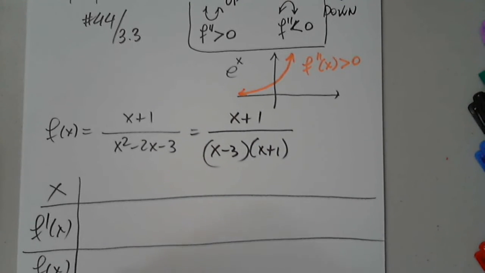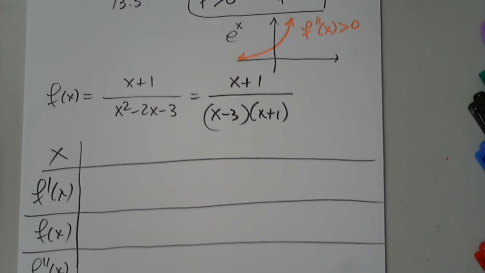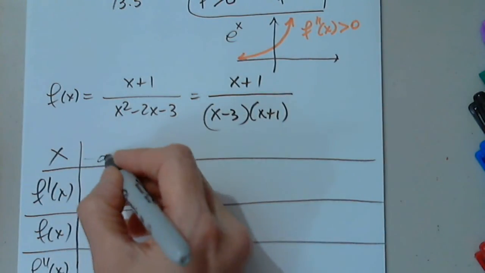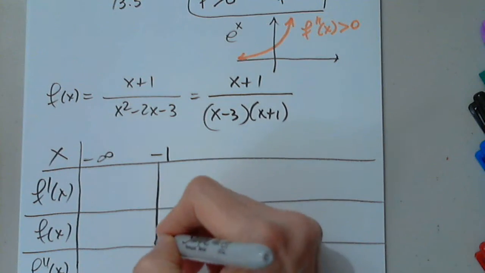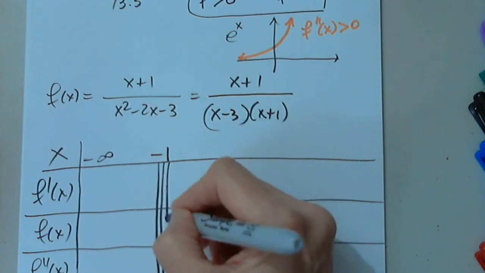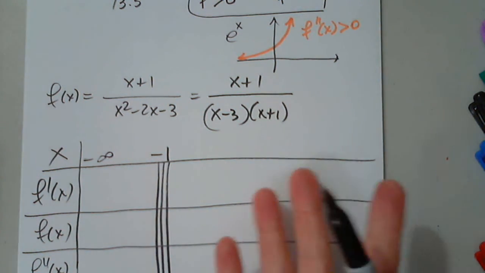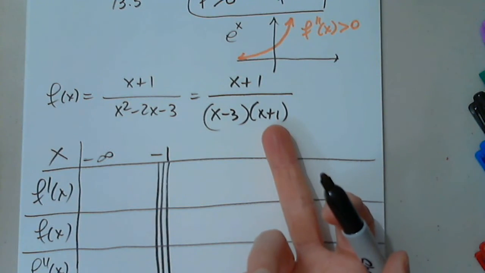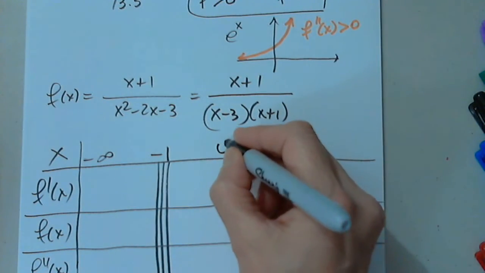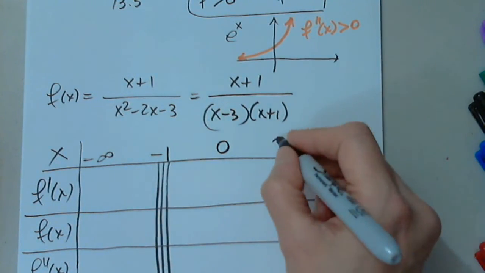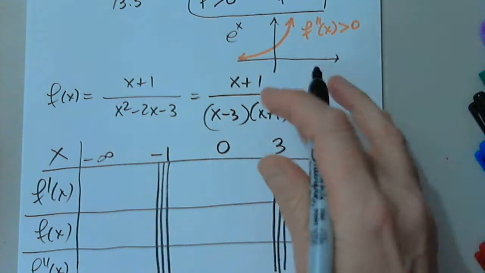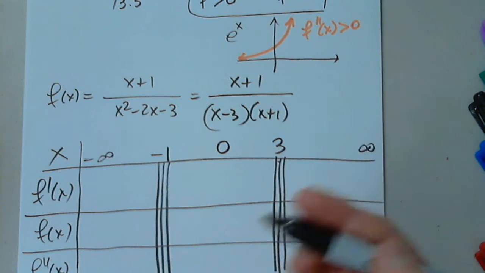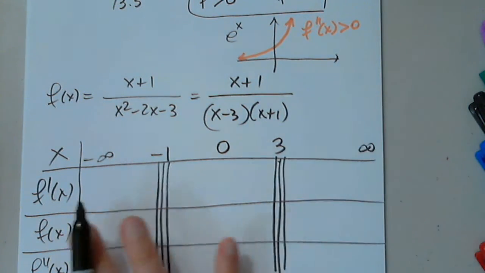So obviously, not -1. Once you show me this, then I know that you stated that x plus 1 cannot be 0. 0 has to be in the table no matter what, and not 3. You don't have to say that the domain is all real numbers except -1 and 3. I see it here.